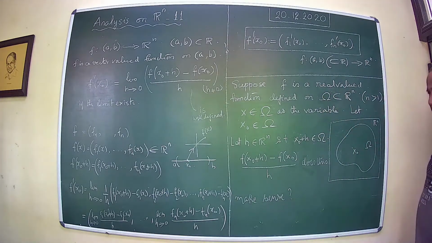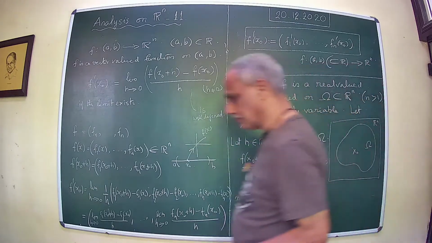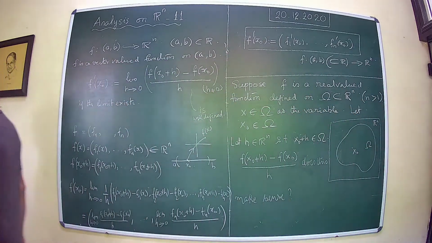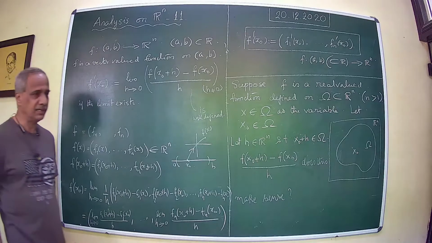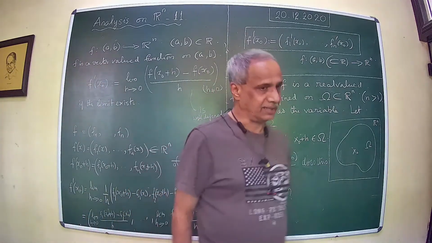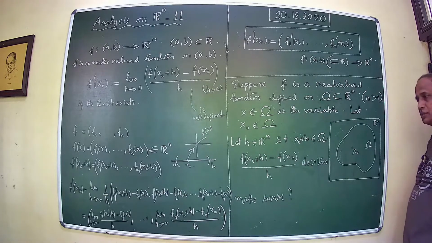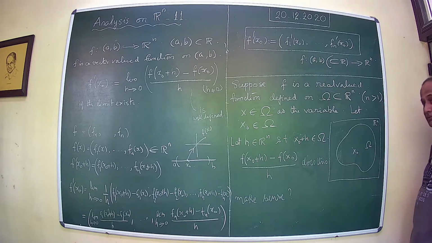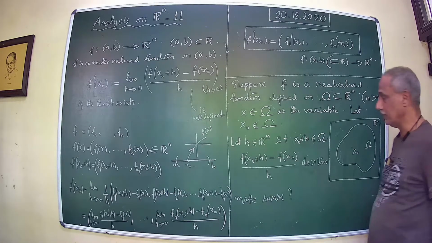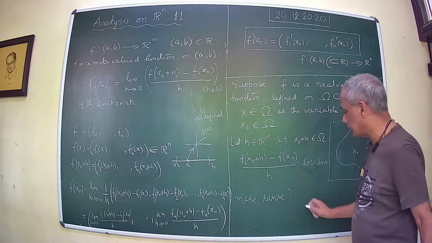It doesn't make any sense because you are dividing by a vector in R^n, and division is not defined in R^n. You have only a linear space structure. You can divide by a scalar which is non-zero, but not by a vector. Therefore this does not make sense.